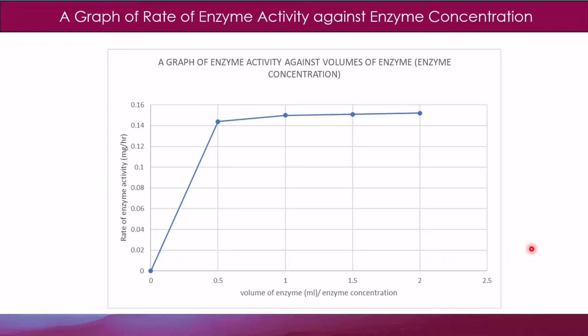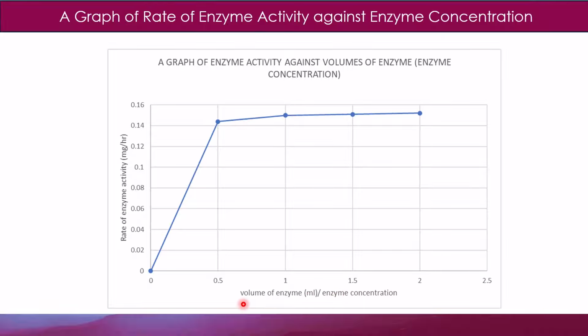Now the next question says we are to plot a graph of rate of enzyme activity against volume of enzyme in the 10 mil reaction mixture. So this is the enzyme activity against the volumes of enzymes in mil.